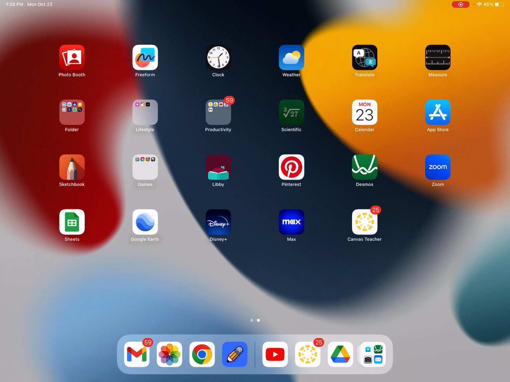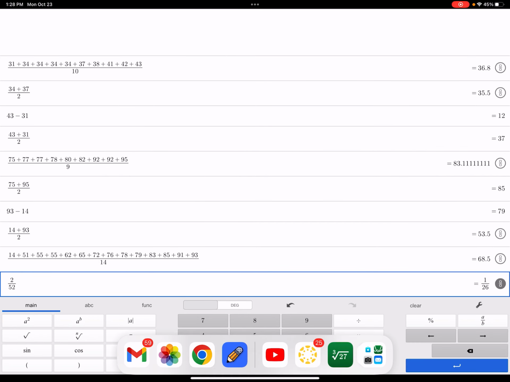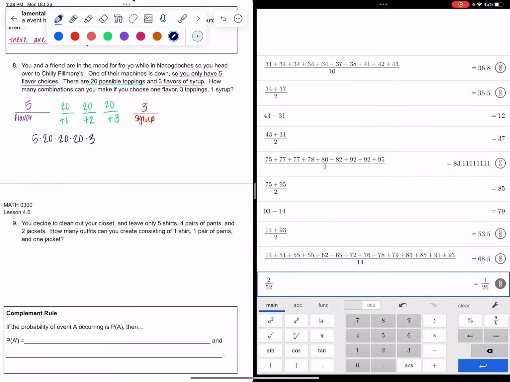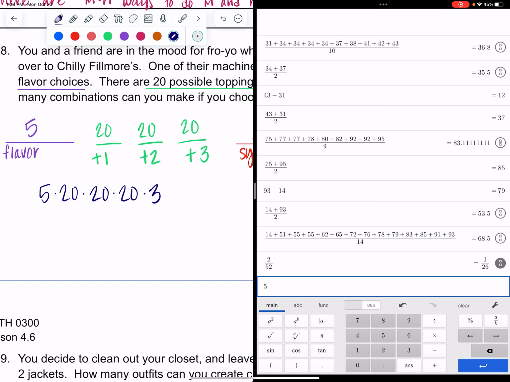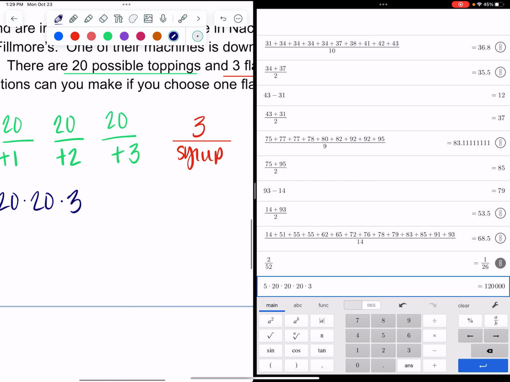Because I love you guys, we are going to plug this into Desmos instead of me trying to do this in my head. Look at that, y'all.